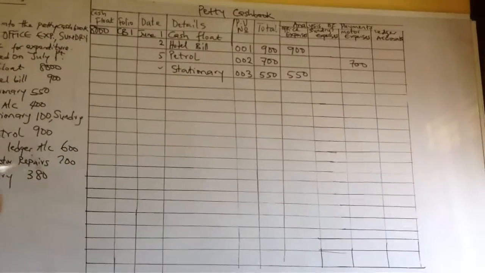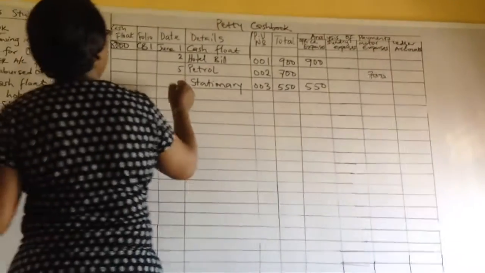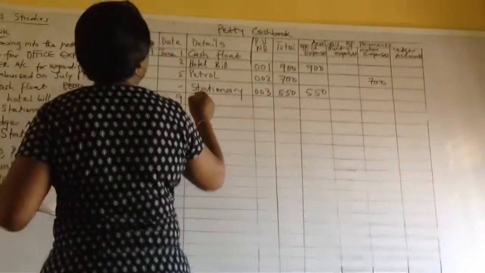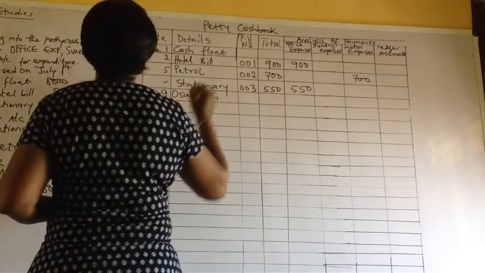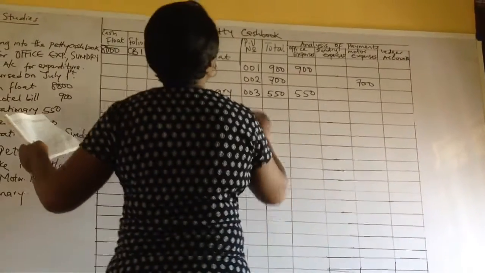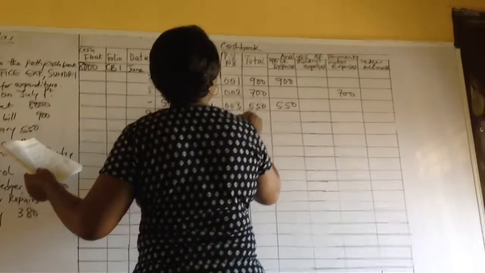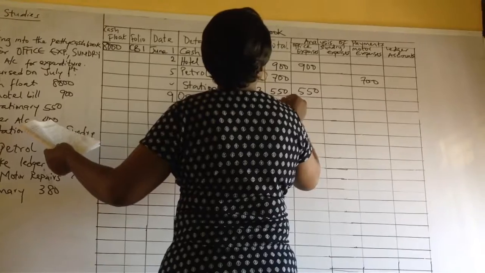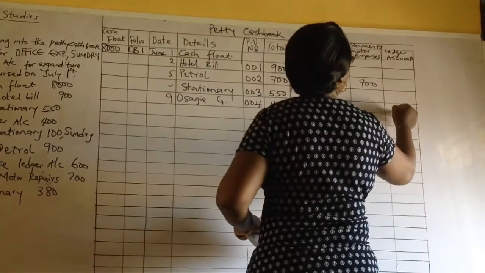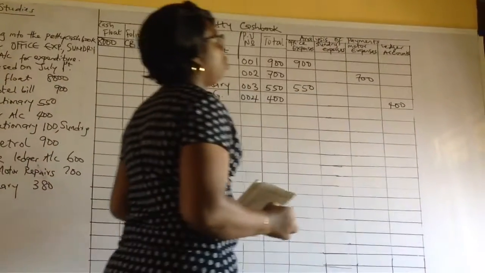Then you have on the 9th, Osaige G. Ledger account. They made it easy for you, so you generate another PV number and you have 400 naira. Ledger account 400 naira.